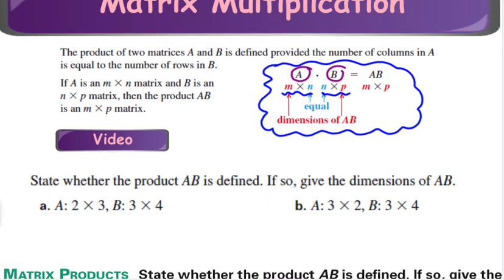In order for you to do this, these two numbers right here must be the same. They must be equal. If that's the case, you can go ahead and multiply these two matrices together. And what you get for a result is an m times p matrix. And that's what that's saying right here. So just go ahead and pause, take that in.